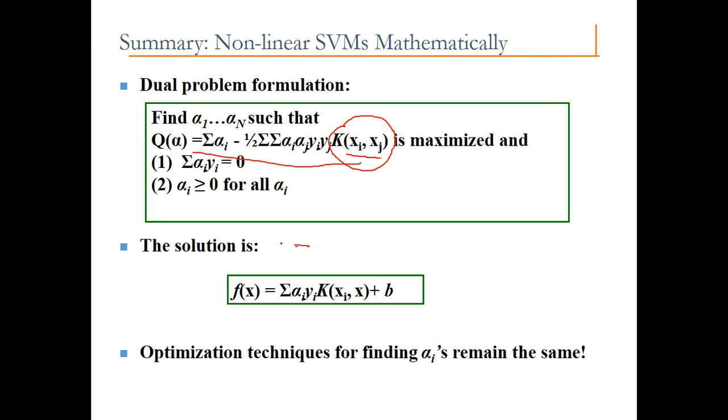As we have seen, our prediction function was the sum of alpha i yi xi, which is w, into x plus b. Here xi transpose x can be replaced with the kernel of xi comma x. This way you can solve the non-linearly separable problem.